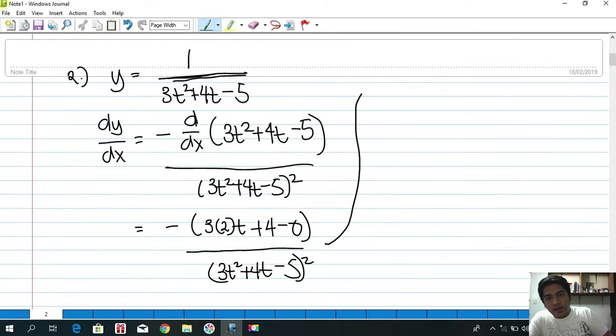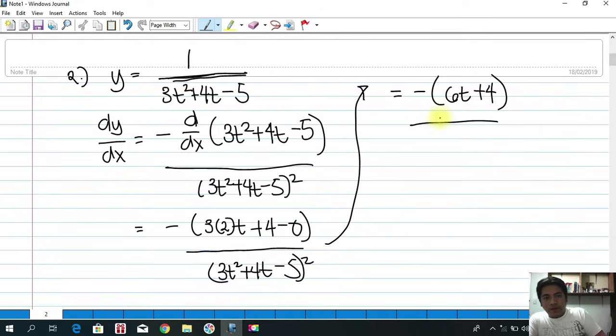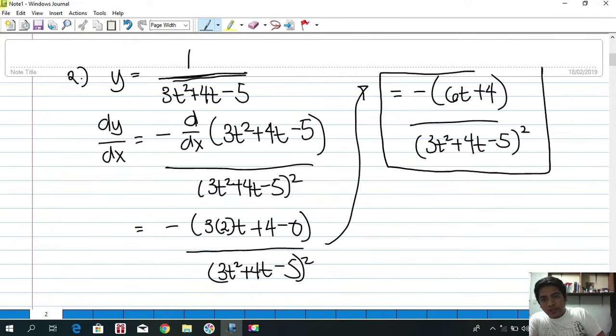So simplifying, our answer should be negative, and we have here 3 times 2 times t, that is 6t plus 4, divided by 3t squared plus 4t minus 5 squared. That shall be our answer.